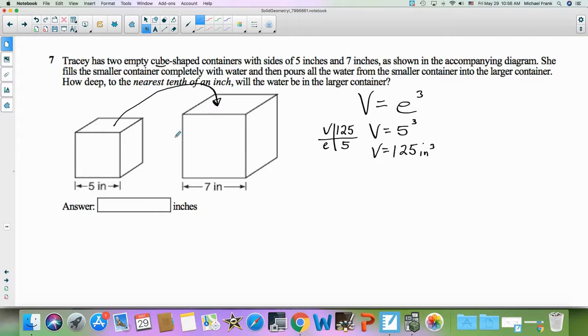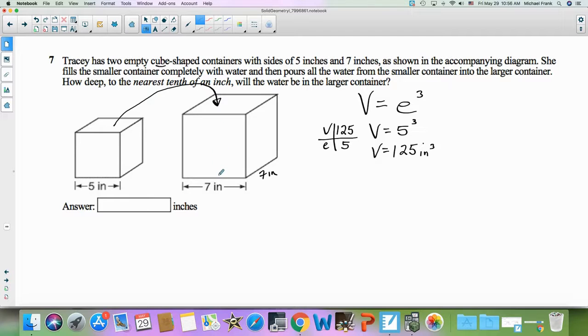That's going to be dumped into this larger cube. And the question is, how deep is the water going to be to the nearest tenth of an inch? Well, this is a cube too, right? It says they're both cubes, which means this is 7, and this is also going to be 7. However, you might also be able to imagine that obviously we're not going to fill this all the way up.